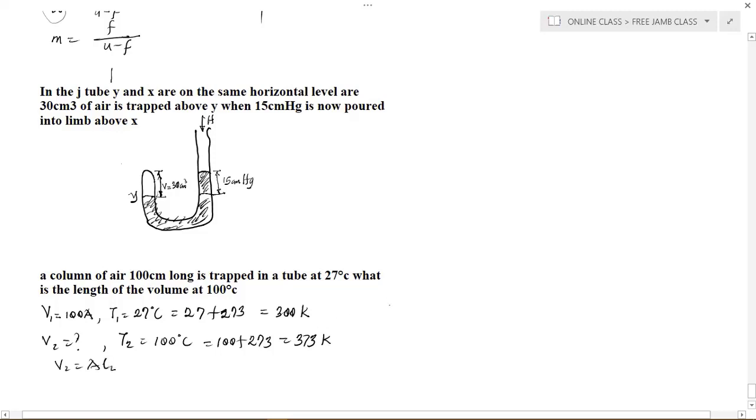But you use Charles law now. Charles law: V1 over T1 equals V2 over T2. So V1 is 100A over 300 Kelvin equals V2, which we don't know, over 373.